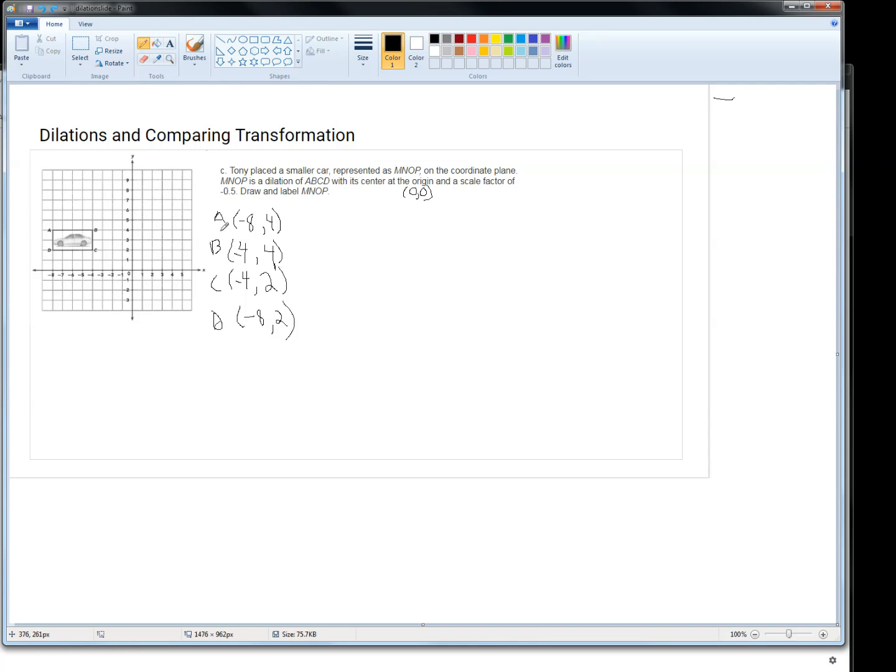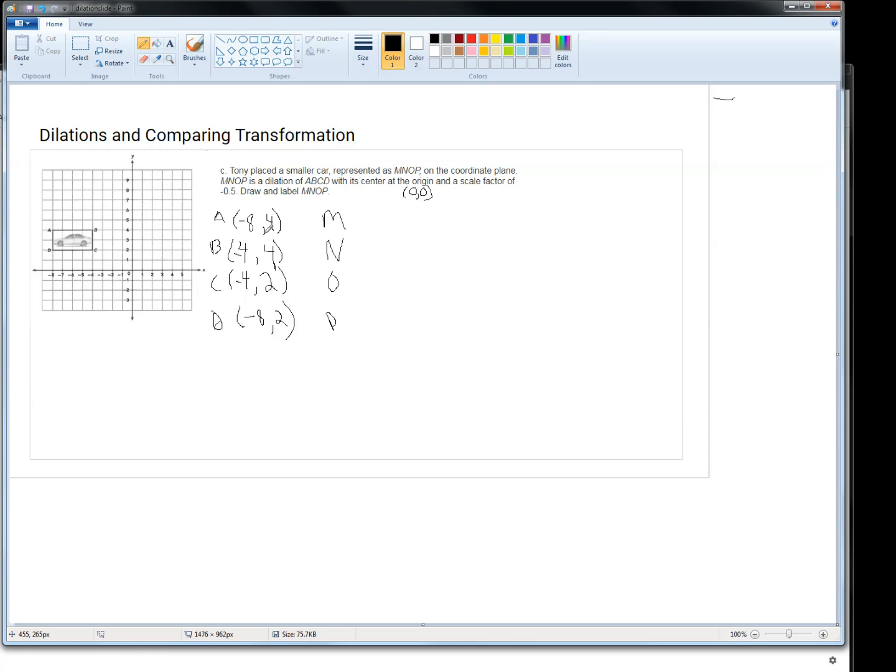Now we're going to make new points. It's for the dilation of this shape. The new car is going to be represented by the points M, N, O, and P. And then we're going to plot them on the chart.